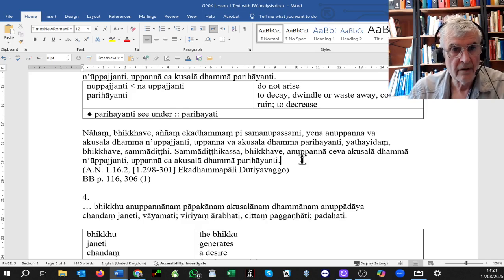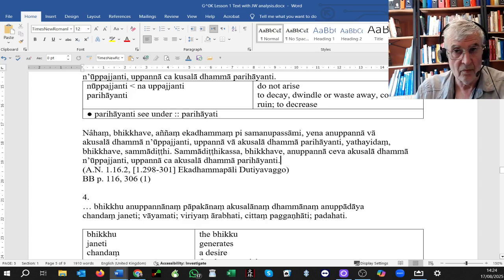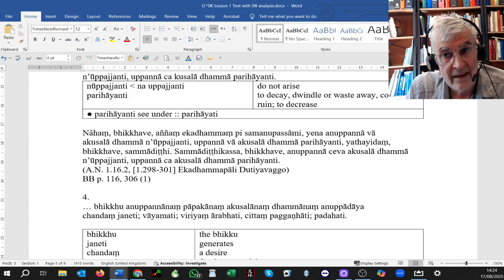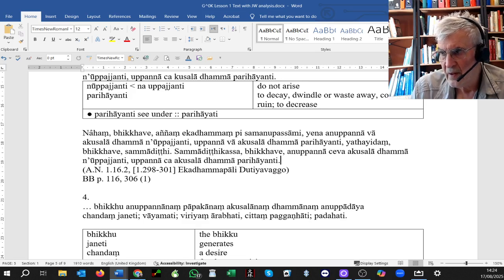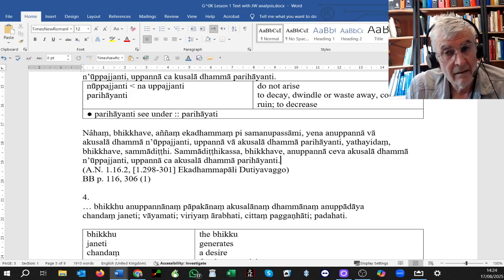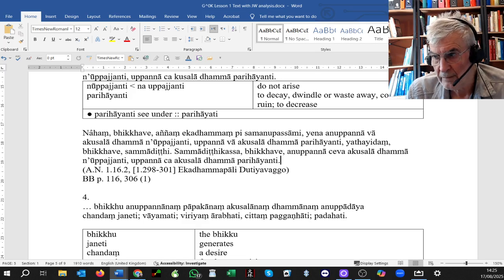Now there should be nothing new for you in this. It's all the same words and expressions, but here it's saying that for the person of sammaditthi, unskillful states diminish, vanish, fade away.